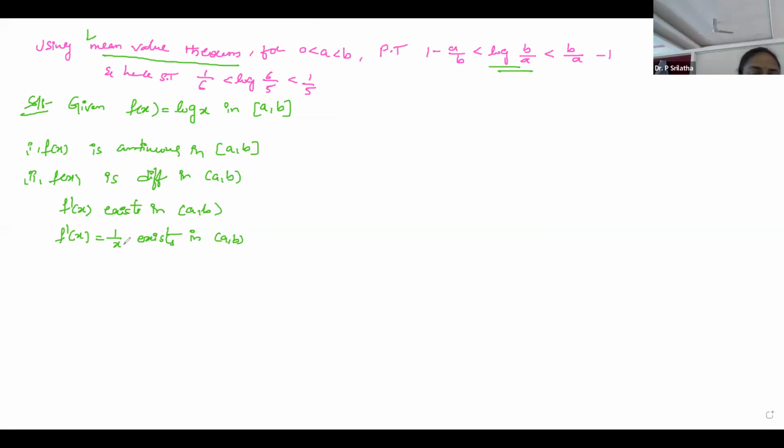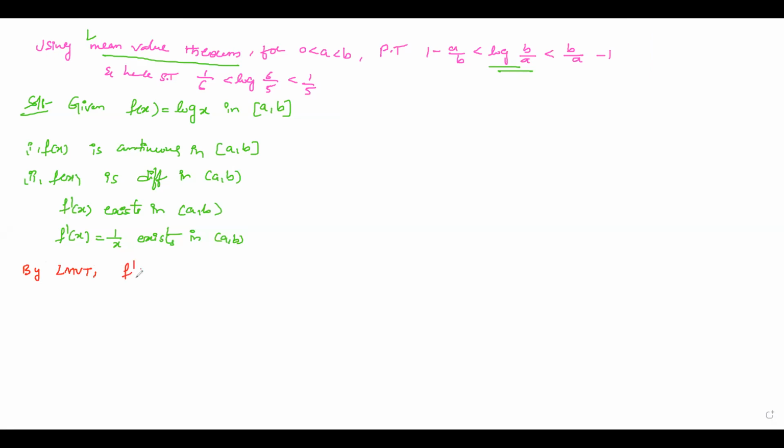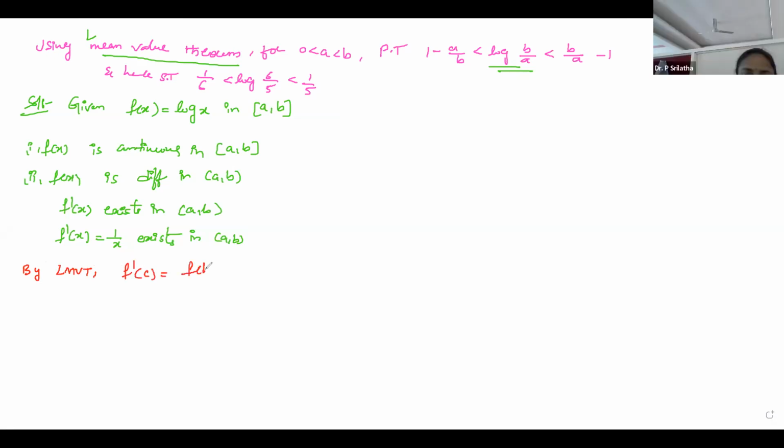So f dash of x that is equal to 1 by x exists in open interval a comma b. Then what we have to do? Then there exists c, by using Lagrange's mean value theorem. What is the main formula? f dash of c equal to f of b minus f of a divided by b minus a.